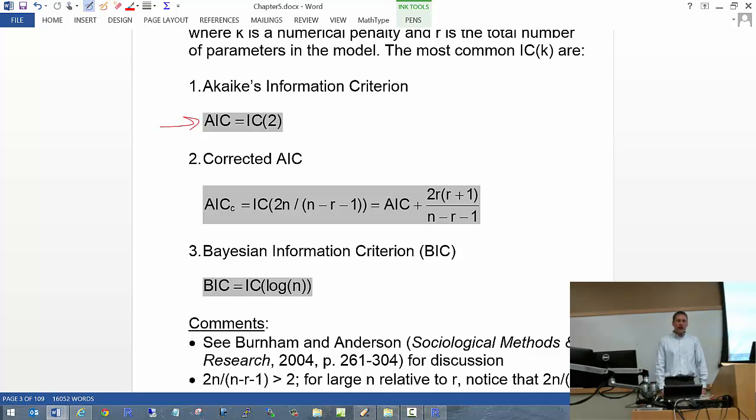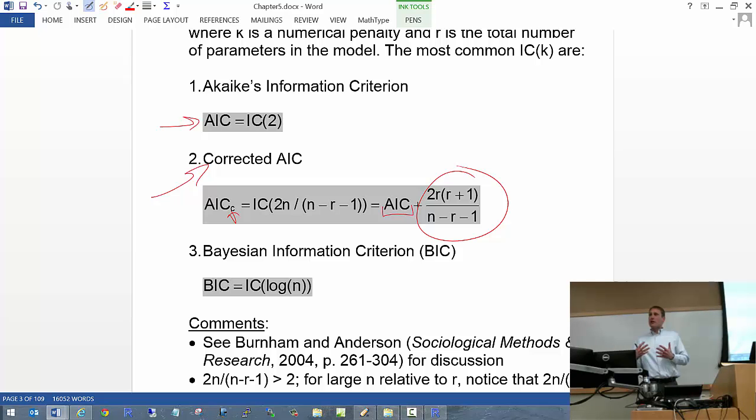Okay. There's also something called a corrected AIC. This correction came about to account for maybe some sample size issues, for example. So notice that penalty there, 2 times n divided by n minus r minus 1. Or equivalently, take AIC plus this constant. You can work out the math and it ends up being that way. That's the corrected AIC. This corrected AIC actually came about through looking at normal linear regression models.